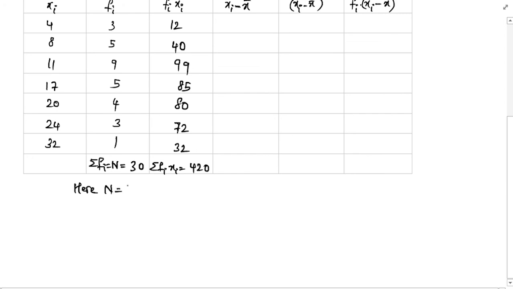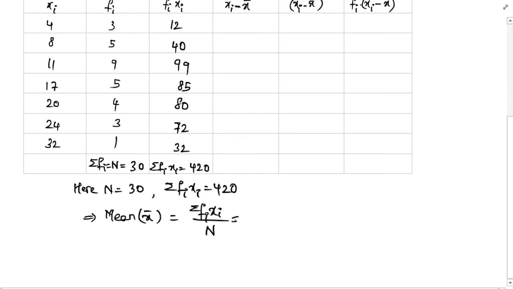Mean, that is x bar, is equal to summation of fi xi divided by n, which is equal to 420 divided by 30. This is equal to 14.